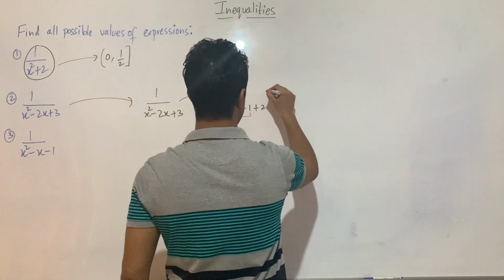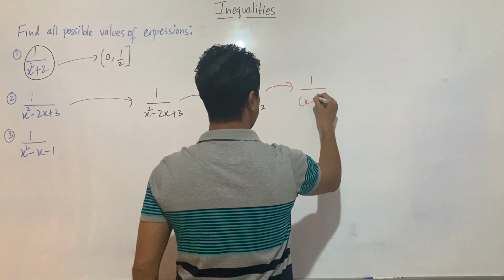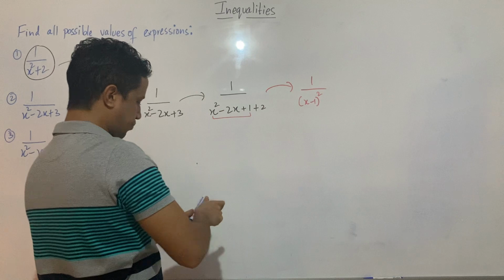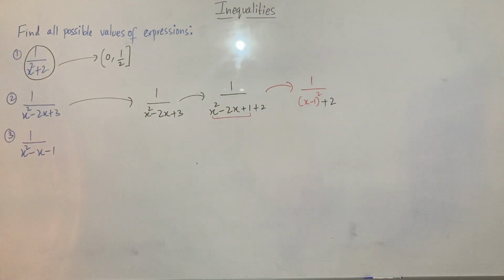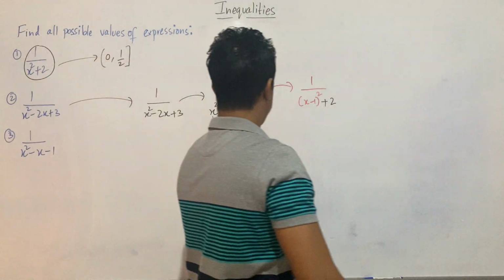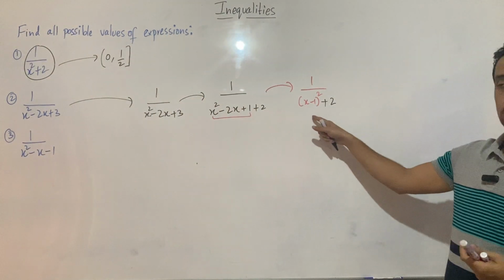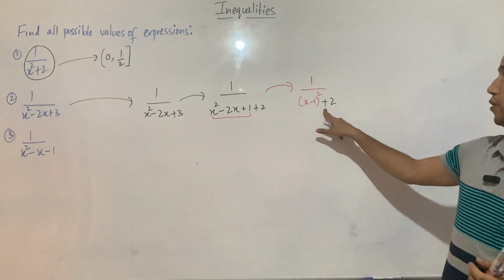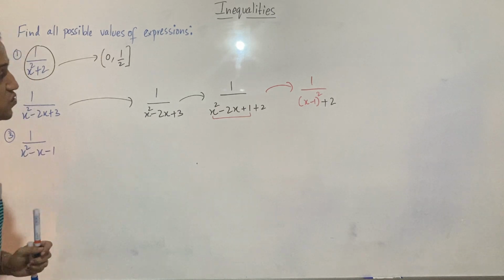This is basically 1 over (x minus 1) square plus 2. I hope you agree with me, because x square minus 2x plus 1 is x minus 1 whole square, and this is plus 2, so it follows.